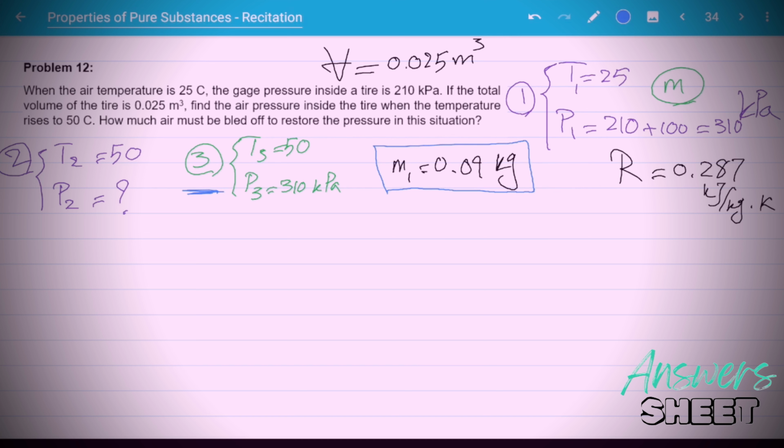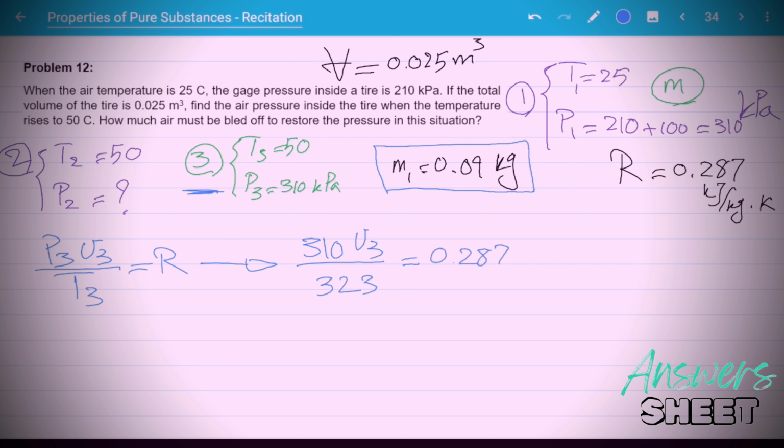So again, P3 specific volume 3 over the final temperature 3 is equal to R. 310 kilopascals times the specific volume 3 over the final temperature of 323 is equal to 0.287. Do the math, we get that specific volume 3 is 0.3 meters cubed per kilogram.